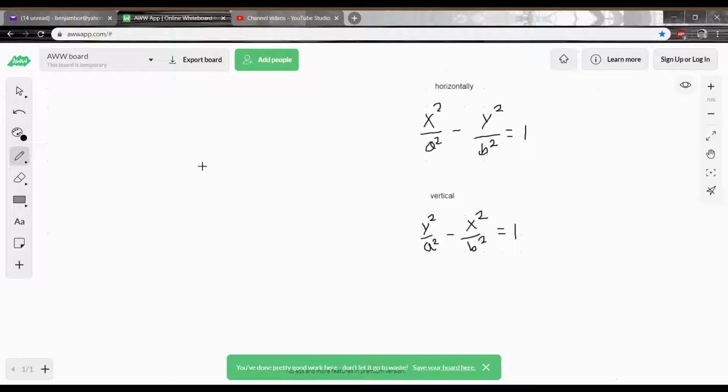So I'm going to erase these poor drawings, and I'm going to draw a coordinate system. So if we had an xy coordinate system here, and we are given a hyperbola equation, let's say a horizontal hyperbola equation, we are going to have the center at origin, and the distance to our vertex is going to be a, the constant a.